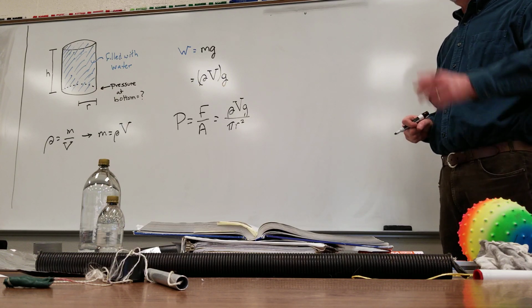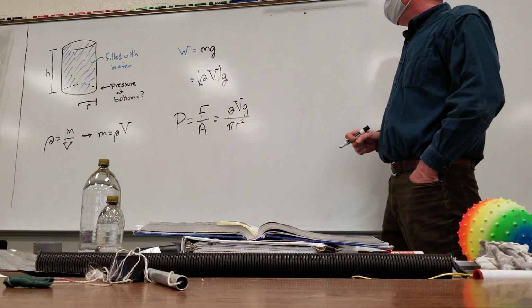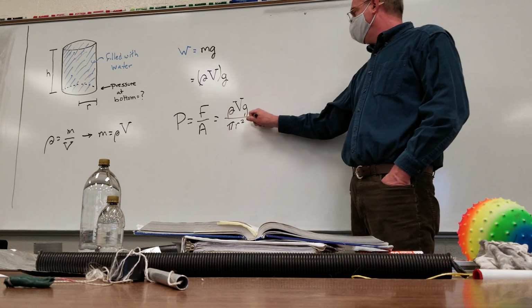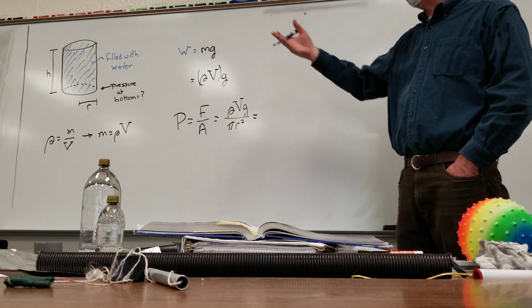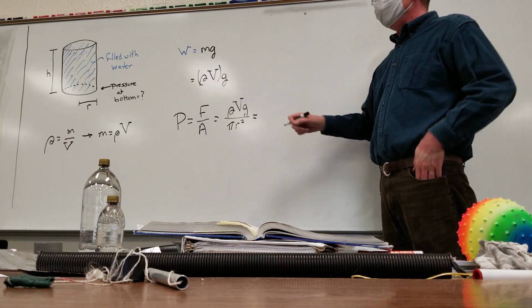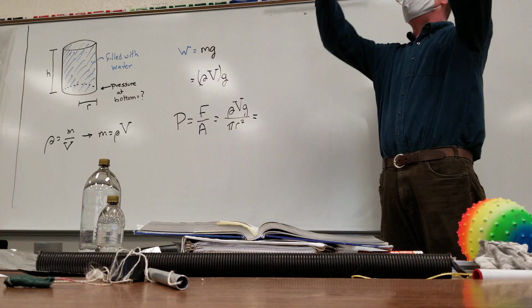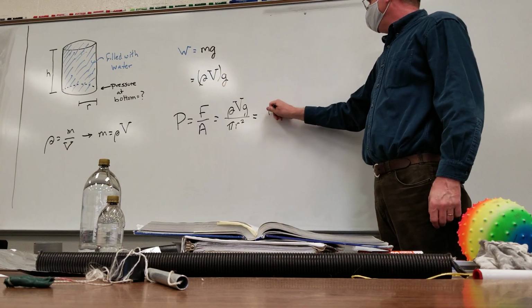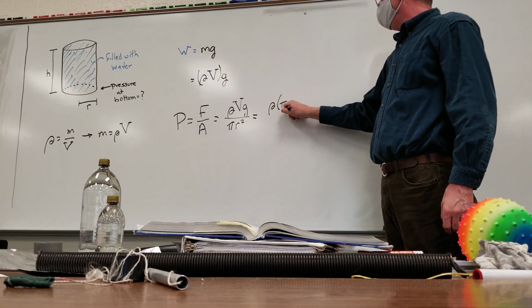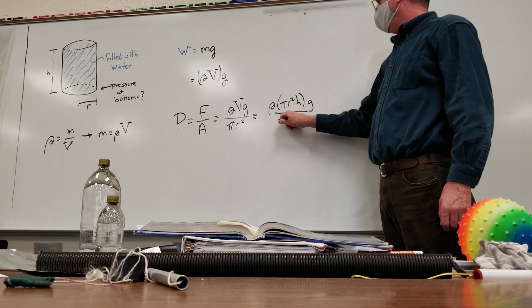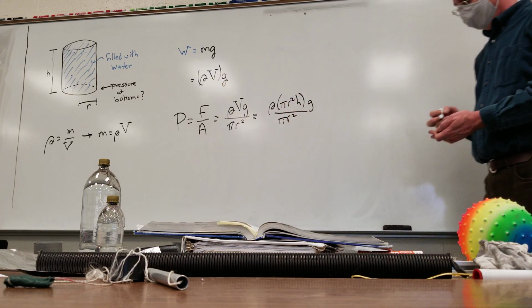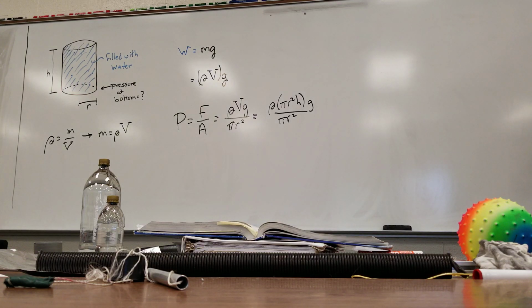The volume is basically the volume of the cylinder here, which is just whatever the area of the base is times the height. So this is density times our volume, which is pi r squared times h times g over pi r squared. And we nicely have things that cancel out.